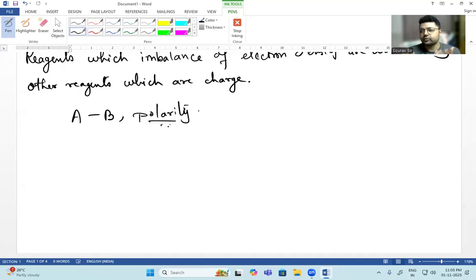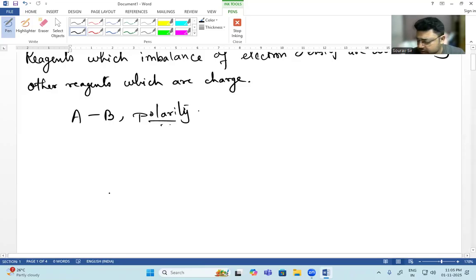When two atoms of different electronegativities are connected to each other, they will show a good amount of charge separation between them. So this is what polarity means: the generation of poles, a positive pole and a negative pole, gives rise to polarity.